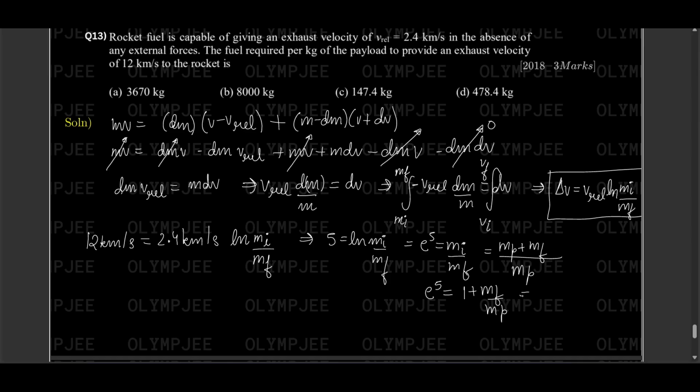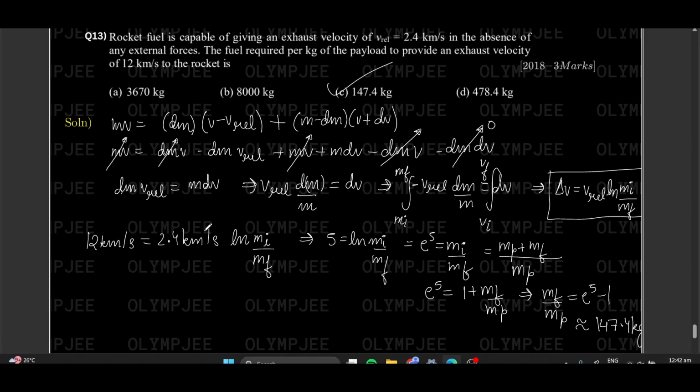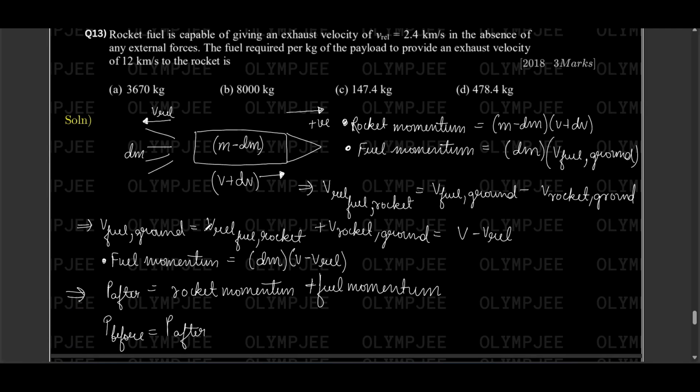So this will be e raised to the power 5 minus 1, which gives us the answer as 147.4 kg. So this was a nice question. If you have not solved variable mass systems before, this is how you solve it.